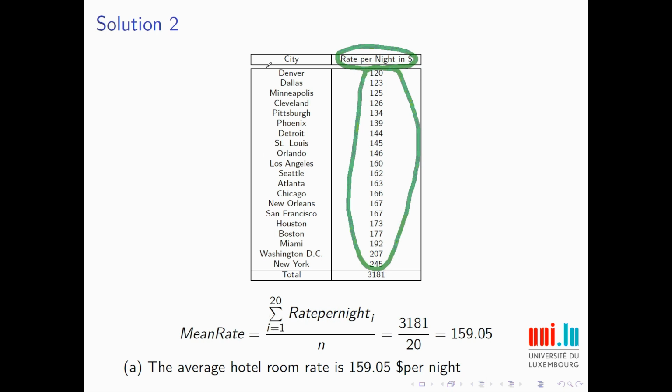We know that in total we have 12 observations. So we sum up and divide by the total number of observations, and we get this number. Pretty straightforward. The average hotel room rate is 159 per night.